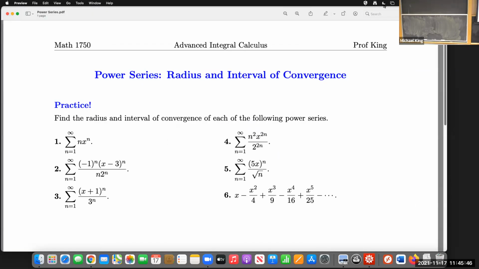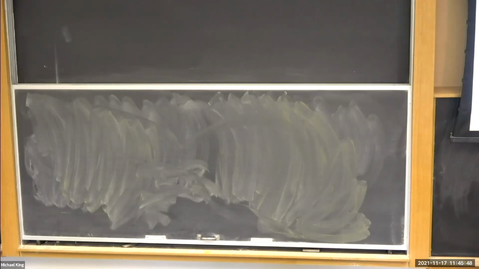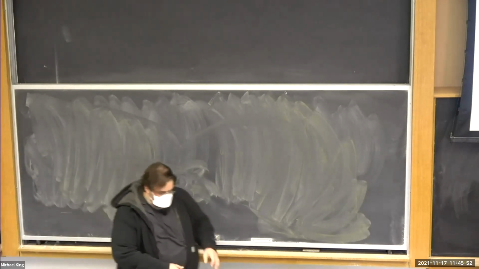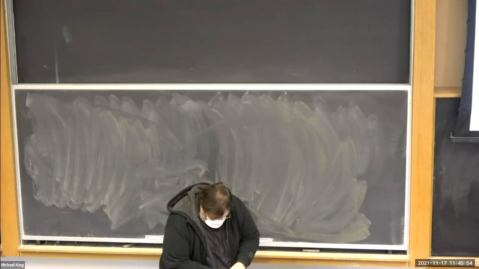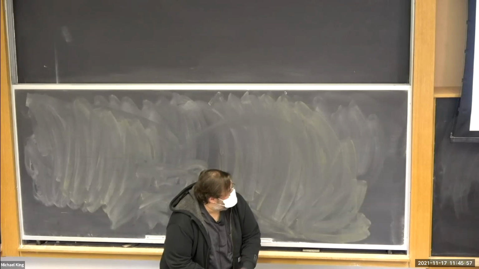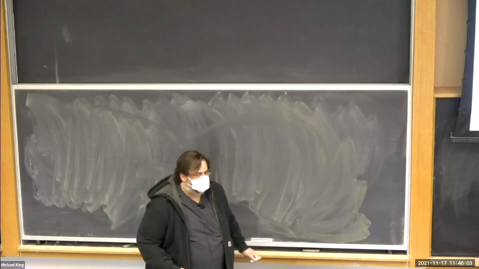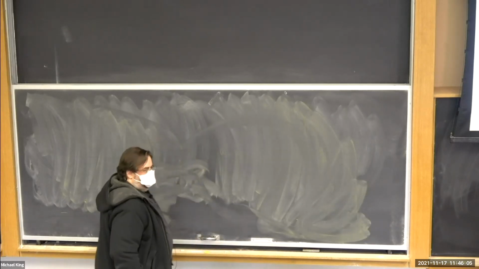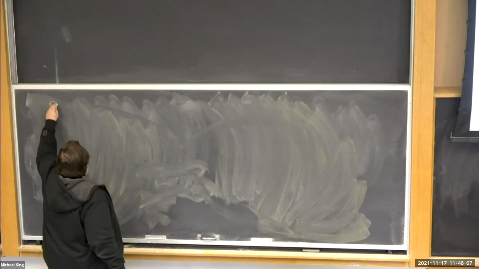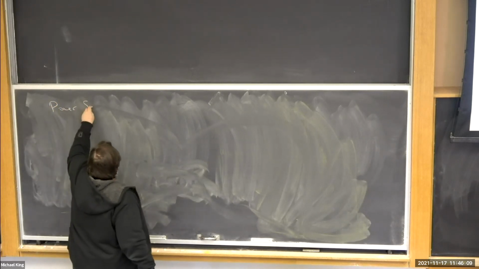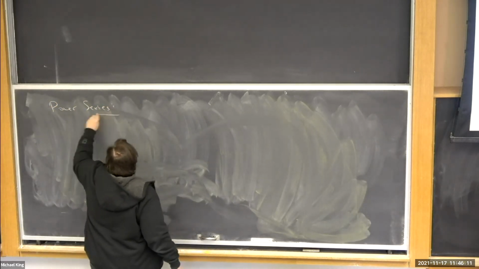Let me just say on the board real fast, to remind you where we were, that there's always this center of convergence, the point where the power series is kind of dumb, like the x's basically go away. You guys remember that from last time? So power series. I can write some general things.